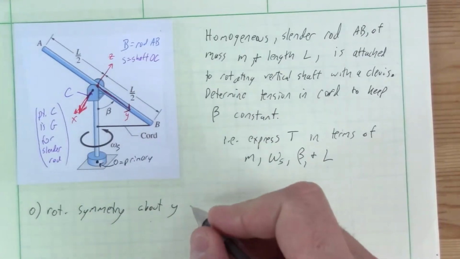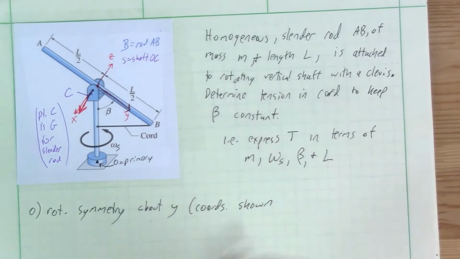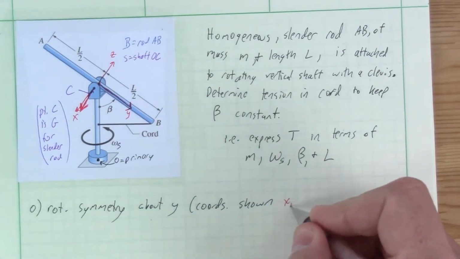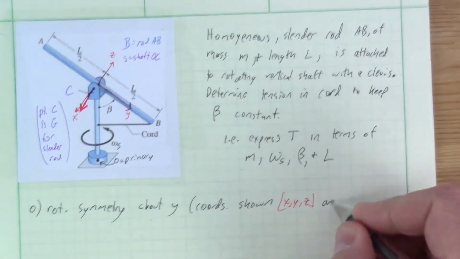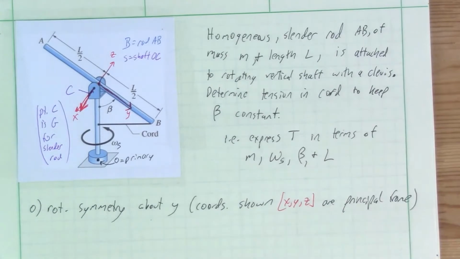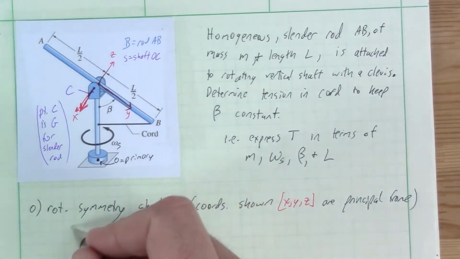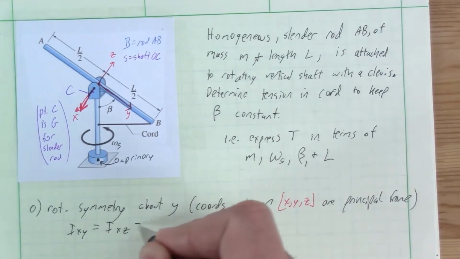So the coordinates shown, my x, y, z that I've drawn, are a principal frame. That just means that all of our products of inertia are 0.